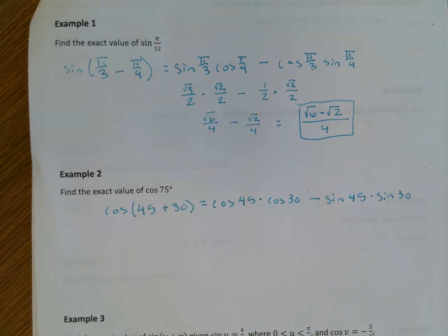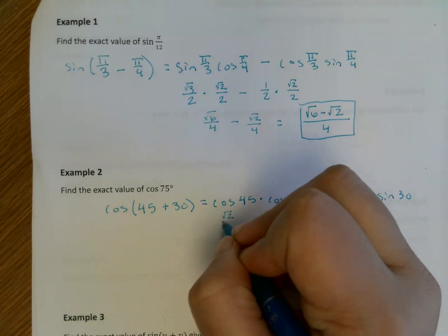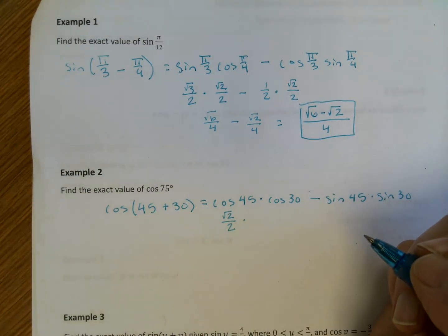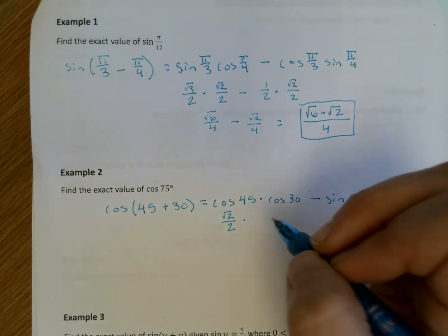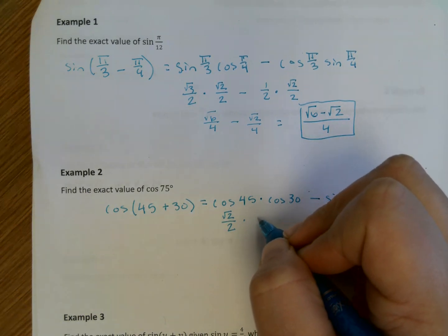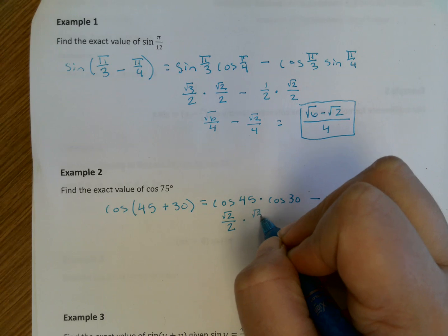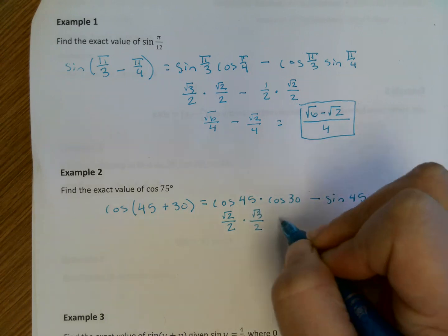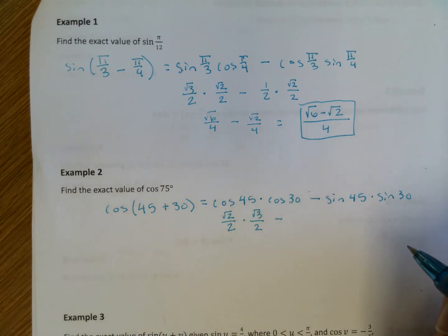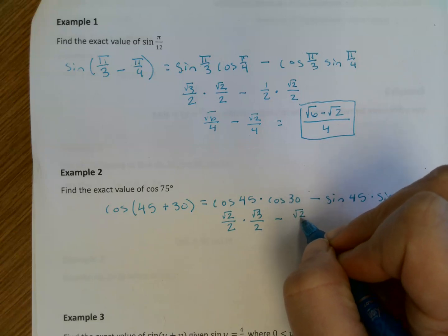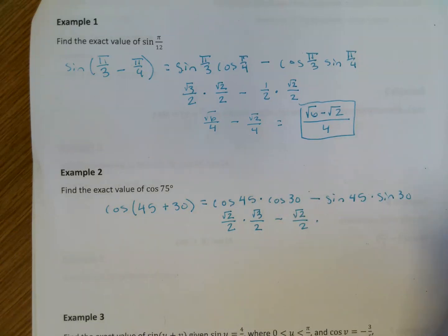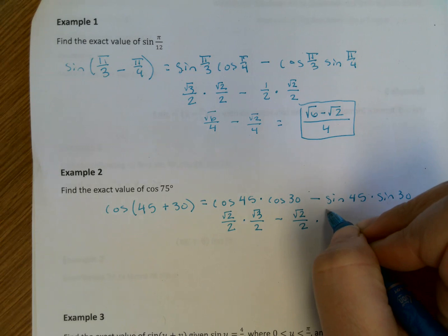So my cosine of 45 is square root 2 over 2 times my cosine of 30. Remember, cosine is going to be my x value of this angle, square root 3 over 2, minus sine of my 45, which is square root 2 over 2, times sine of my 30, which is 1/2.